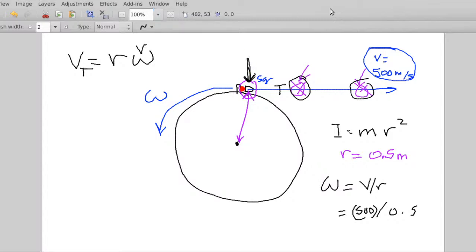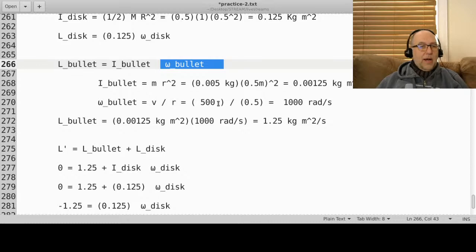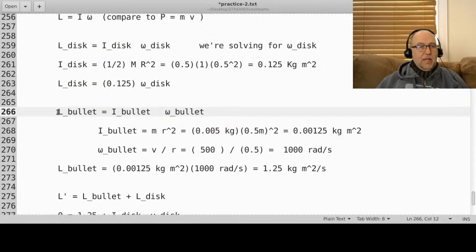Okay, so my diagram is a little bit messy, but let's switch back here and just go over what I said. We're looking at the bullet. The angular momentum of the bullet is equal to the moment of inertia of the bullet multiplied by the angular velocity of the bullet. The moment of inertia of the bullet is calculated by mr squared.